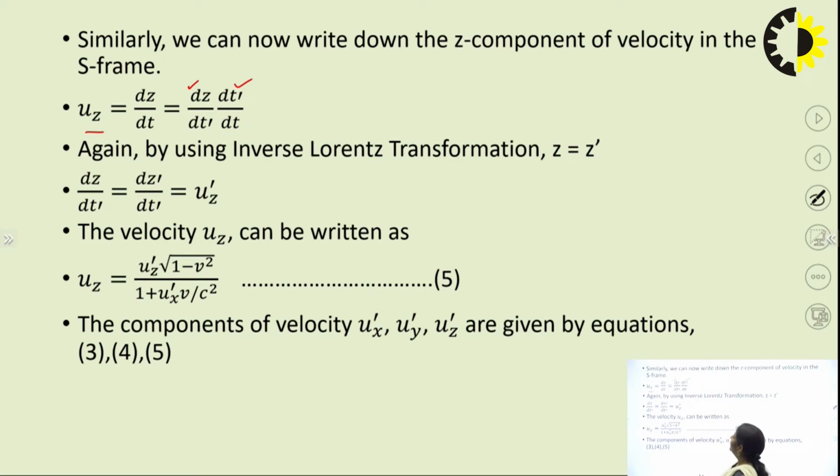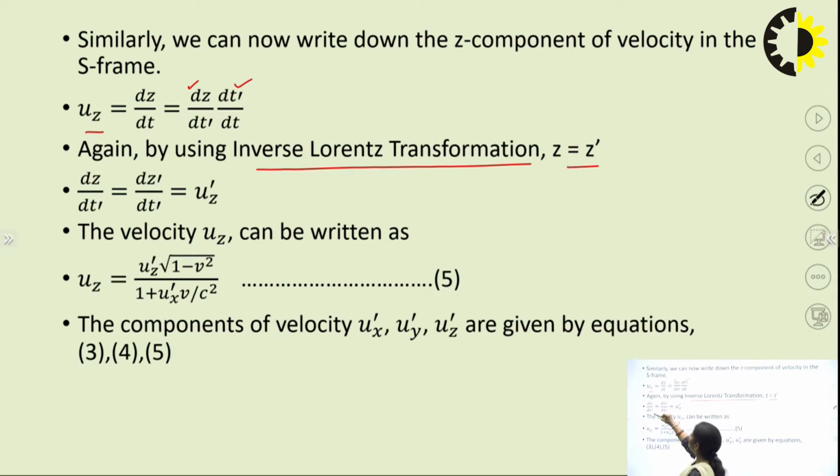Again, we will use this inverse Lorentz transformation, and we will see what the transformation is saying about the z coordinate. It is saying z equals z dash. So we will substitute this value for the uz, and we will evaluate this part dz by dt dash, because this dt dash by dt will be the same as in the x part.